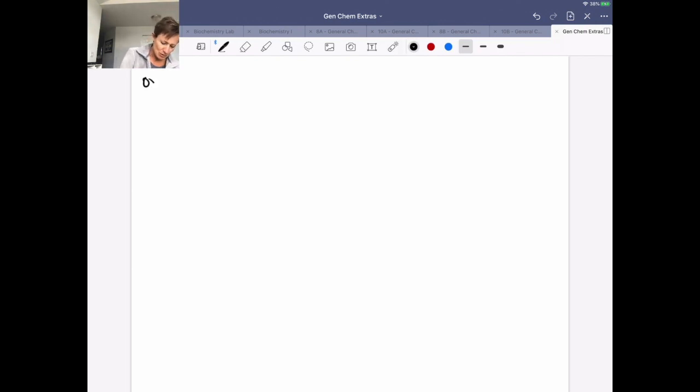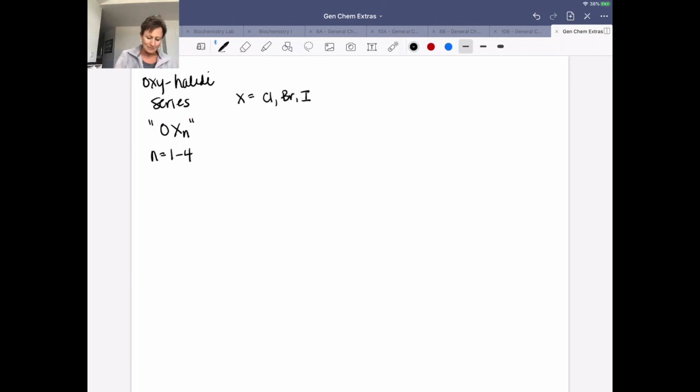The first is going to be what we call the oxyhalide series. So these are going to follow the pattern. There's going to be an oxygen, a halogen, and then some number of those halogens. Okay, so that N is going to be equal somewhere between 1 and 4. So X can be equal to chlorine, bromine, or iodine.